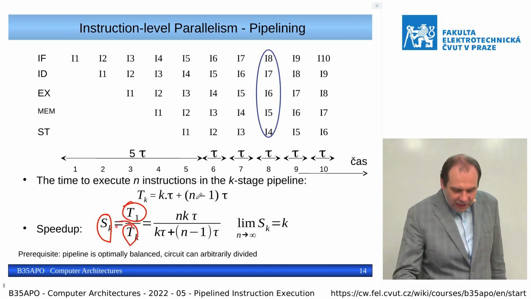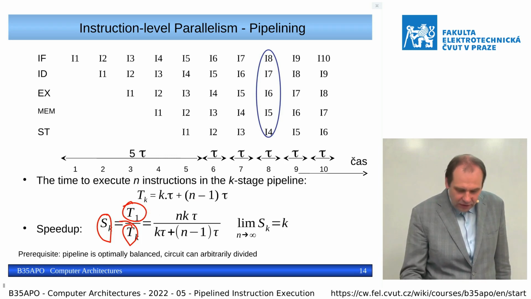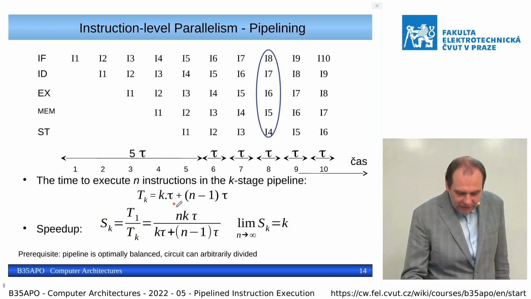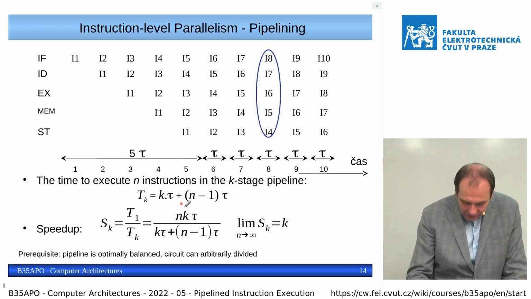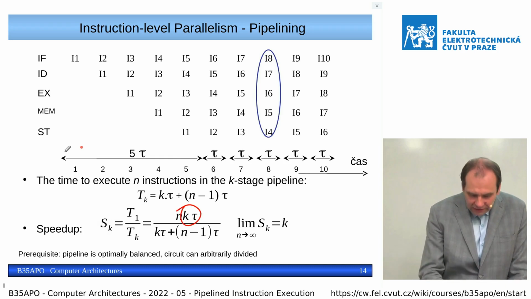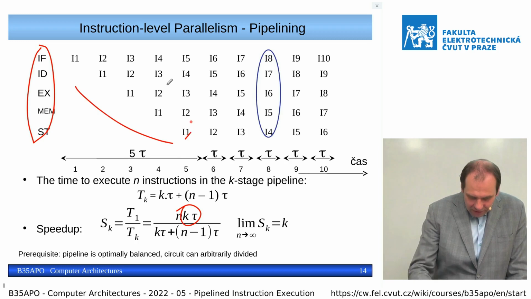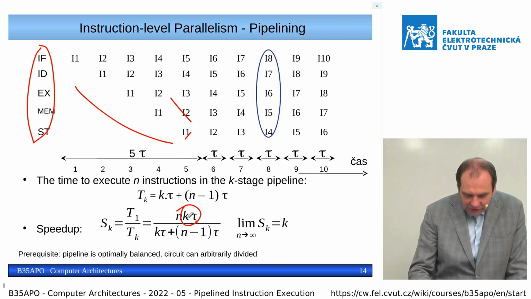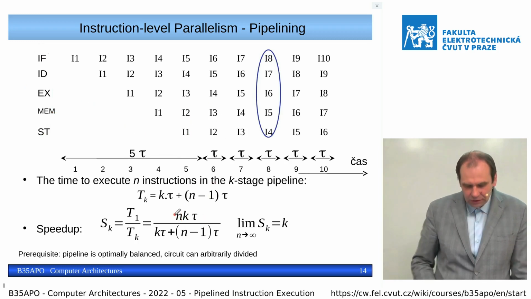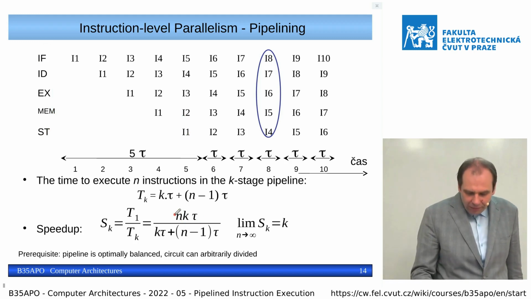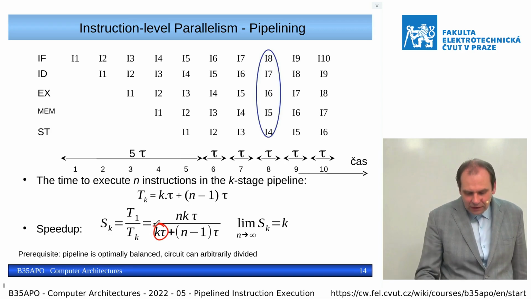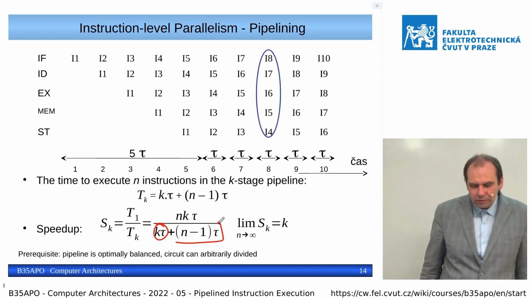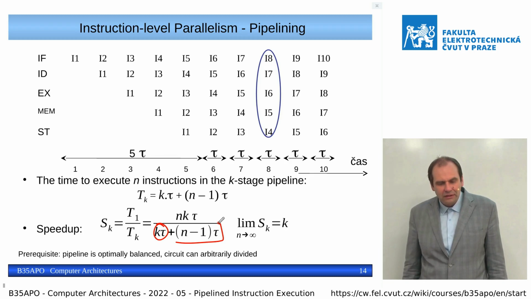For the single cycle CPU, we need a time of k tau to execute all those stages, and we need all this time for each of the n instructions. But for the pipeline version, we need that longer time only for the first instruction, and the rest can be executed in a single tau time.